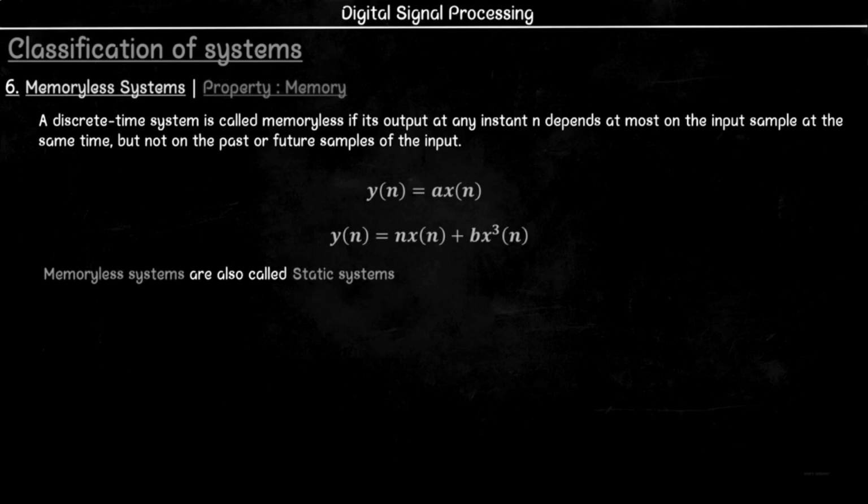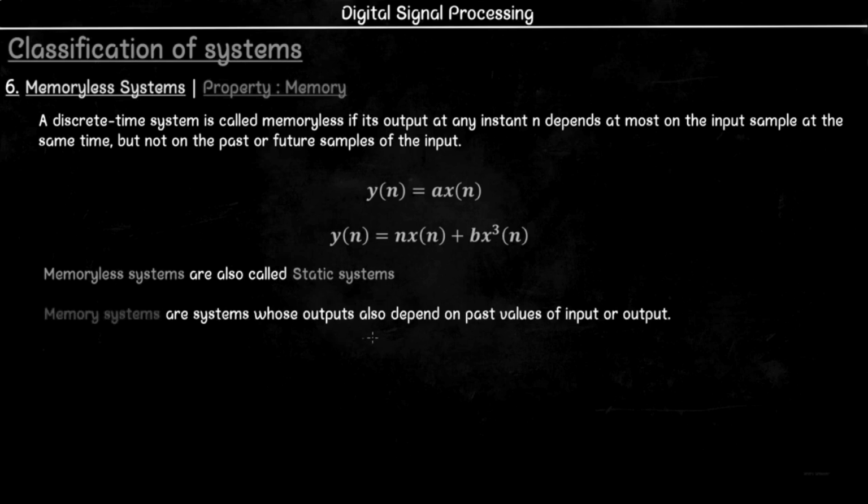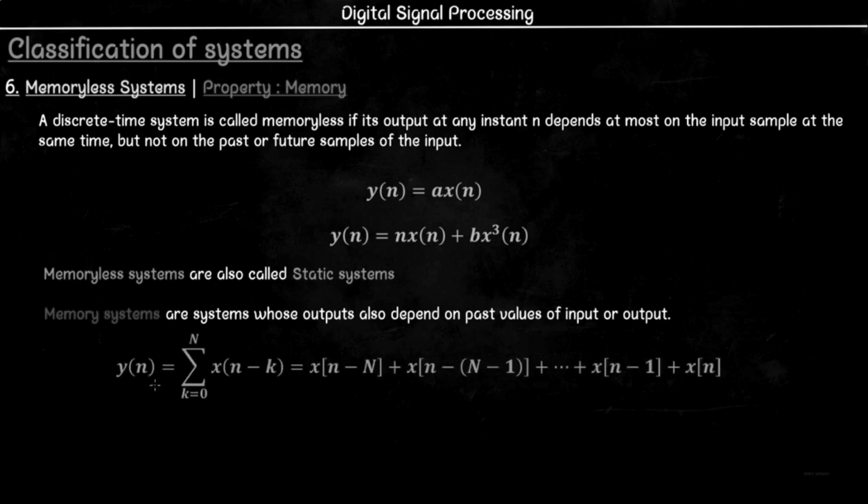Coming to systems with memory, the output at instant n is also determined by the past inputs. For instance, if the system output at time n is determined by the input samples in the interval from n minus capital N to n, then the system is said to have a memory of duration capital N. If capital N lies in the range 0 less than capital N less than infinity, then the system is said to have a finite memory.